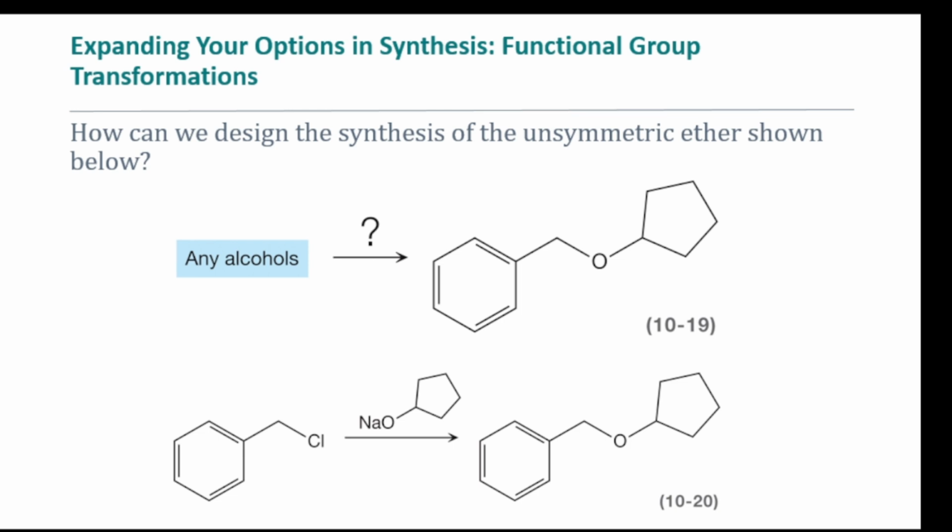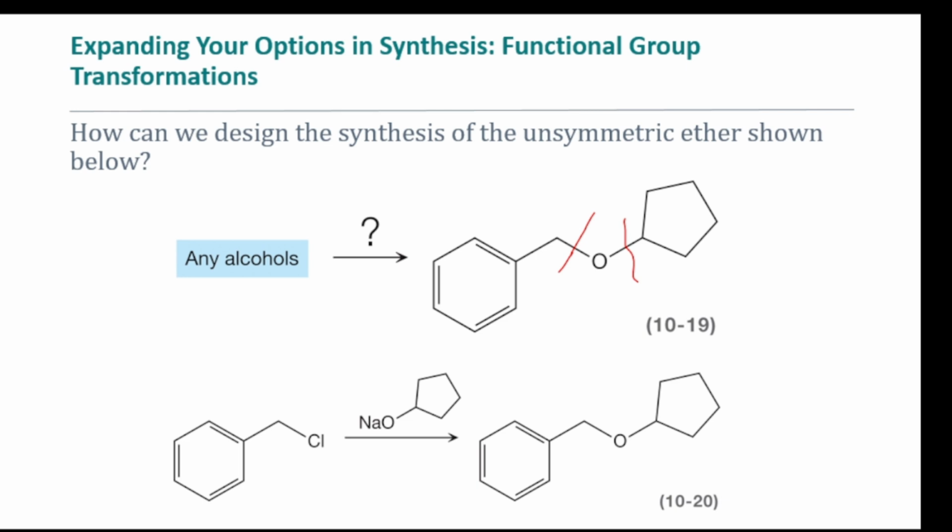Does it make sense to attack? When we look at these final products, you could have either this bond be the one that you made, or this one be the one that's made. And the one that you're making has to have the leaving group there, doesn't it?